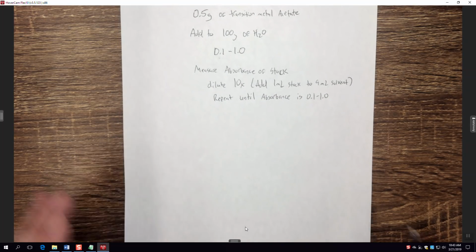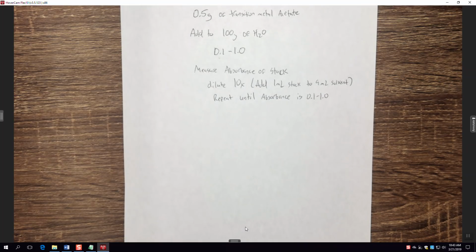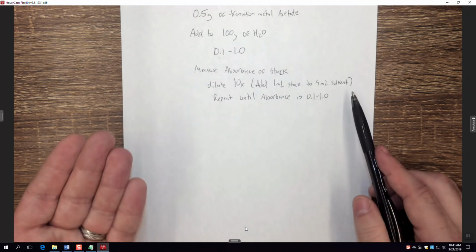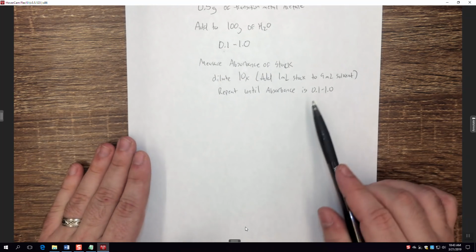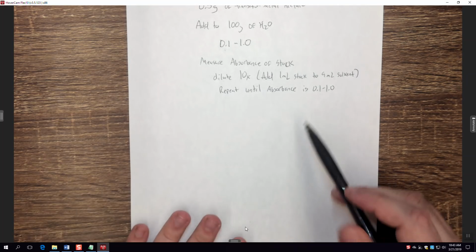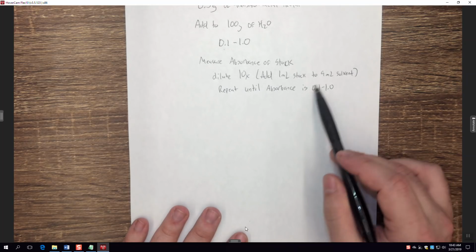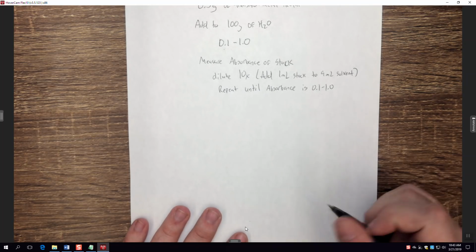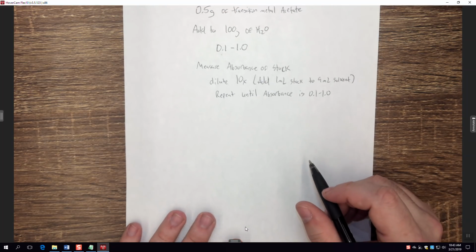So once we figure out that our absorbance is on the linear range, how do we figure out how to make our actual calibration curve solutions? Because of course this will only give us one, and if we end up at something like 0.3, then that'll be too low on the calibration curve to satisfy the experiment, which needs you to have a range of absorbances across this entire range. Well, we're going to use a little bit of math in order to do that.